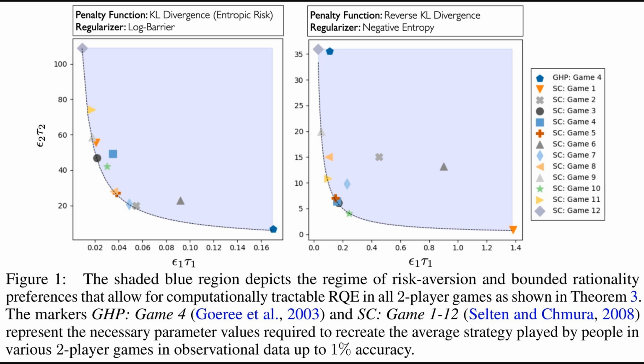The shaded blue area in each plot defines a tractable regime, a zone where these risk-averse quantal response equilibria can be calculated efficiently, based on specific risk and rationality settings. The markers show actual human play. Crucially, these data points largely fall within this blue tractable region, suggesting these equilibria capture human-like decisions while remaining solvable.